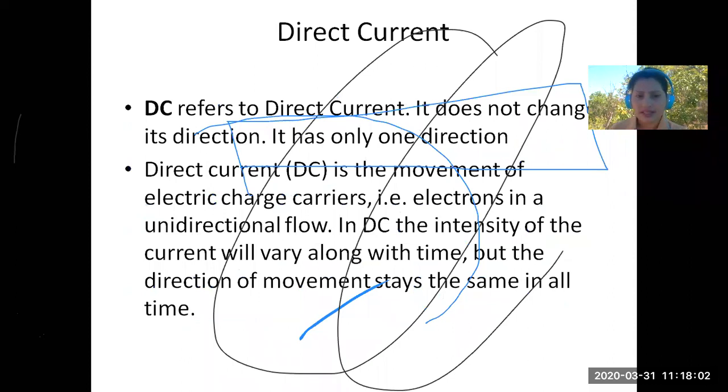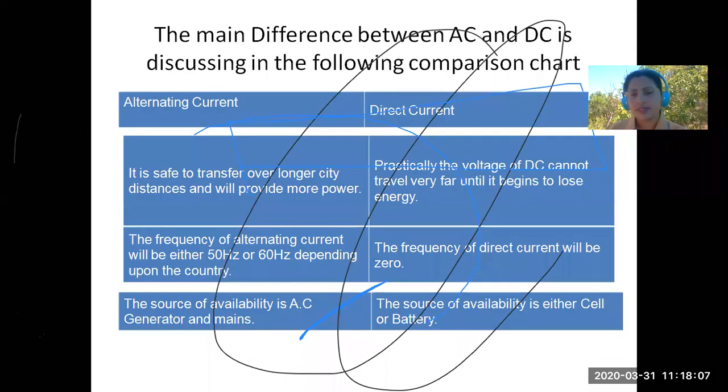Now DC is direct current. The main differences: alternating current can be transported for long distances, whereas direct current cannot be transported for so long, it loses its energy.